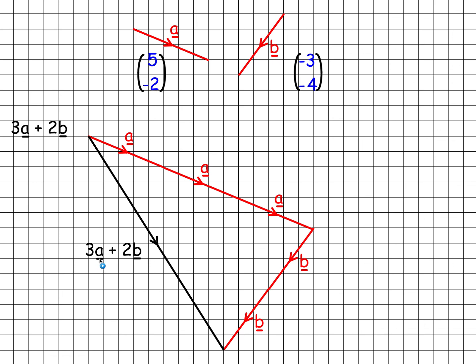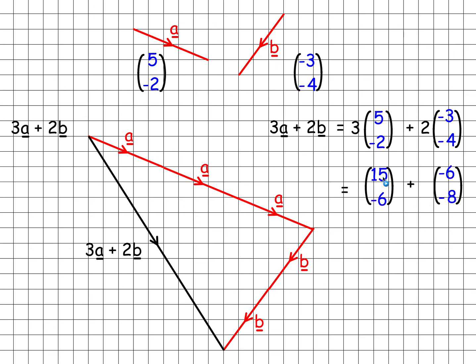Now if we check it out by components, 3 times a, 3 5s and 3 times -2, 15, -6, and 2 times b, 2 times -3 and 2 times -4, and now they get added. 15 add -6 is 9, -6 add -8 is -14. The resultant's 9, -14.